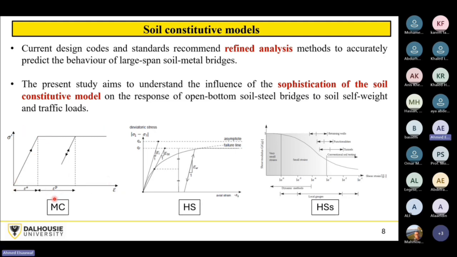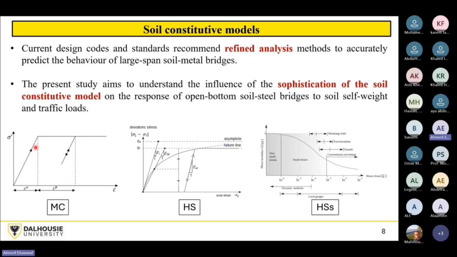The main problem in this Mohr-Coulomb model is that it only considers one stiffness, and the second problem is that it doesn't develop any plastic strains unless you reach the yield or the failure line.